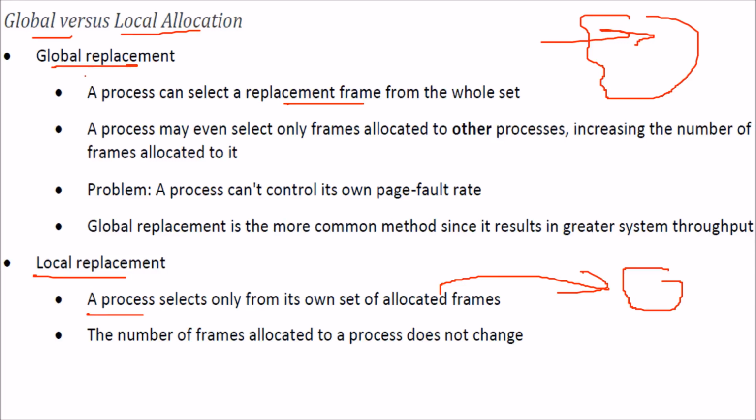In global replacement, a process may even select frames allocated to another process, which increases the number of frames allocated to it. But the problem here is the process can't control its own page fault rate. Global replacement is quite a common method, since the throughput is quite high. In local replacement, the number of frames allocated to a process does not change, because it is local and already assigned.